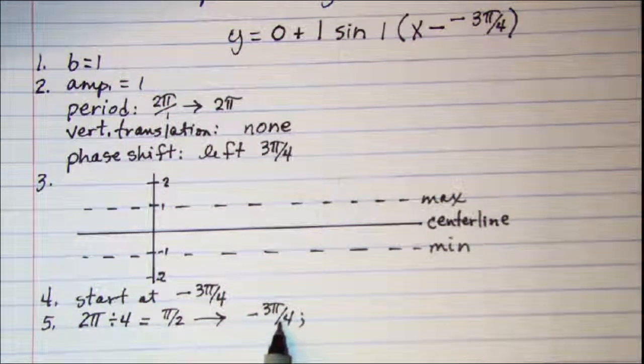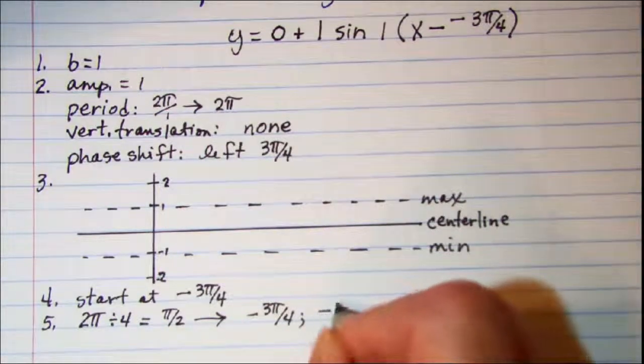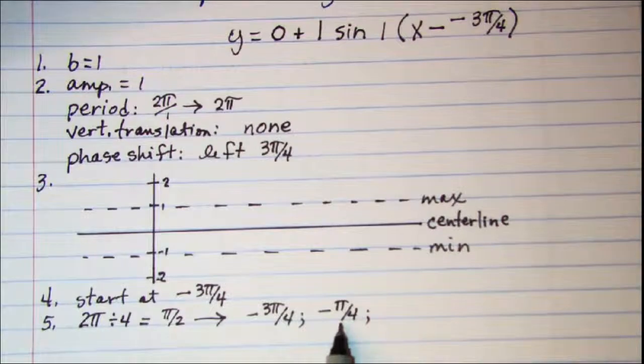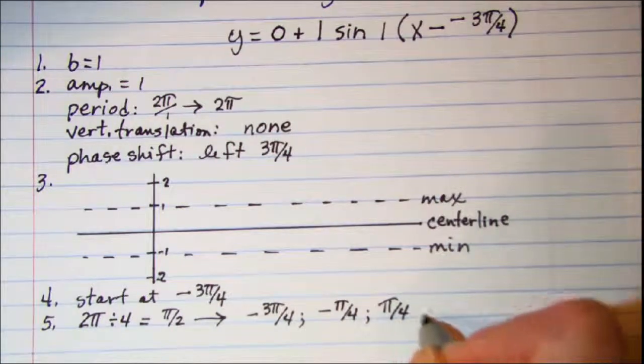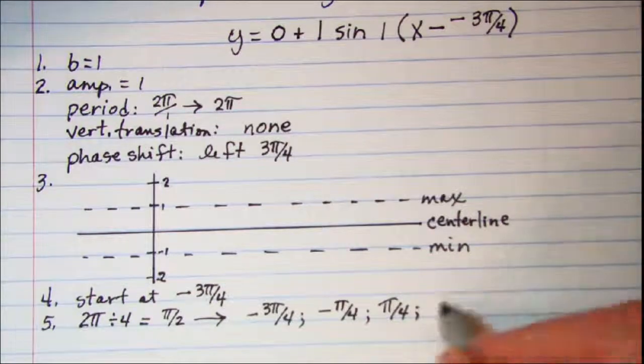My next value, if I take negative 3 pi over 4 and add pi over 2 to that, I now have a negative pi over 4. And then when I add pi over 2 to that, I have pi over 4. And add pi over 2 to that, I have 3 pi over 4.